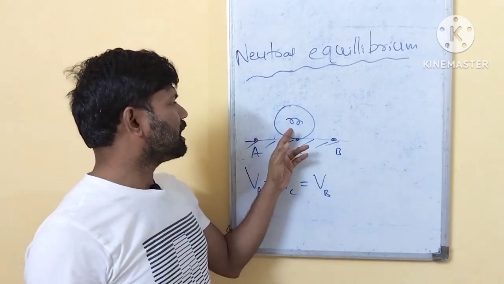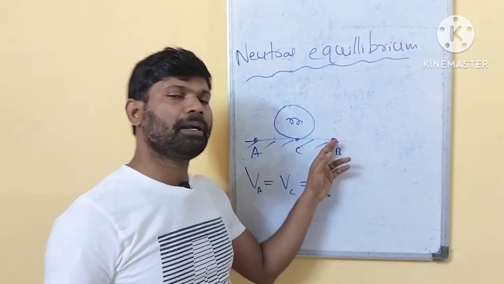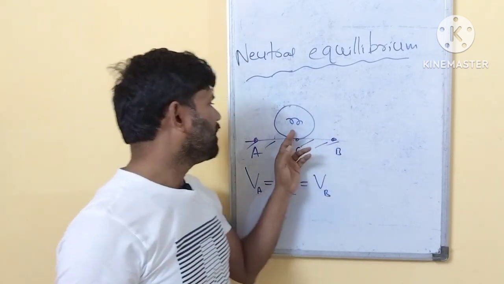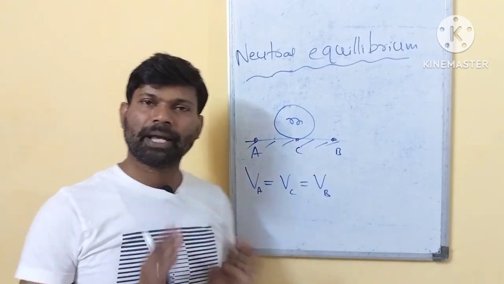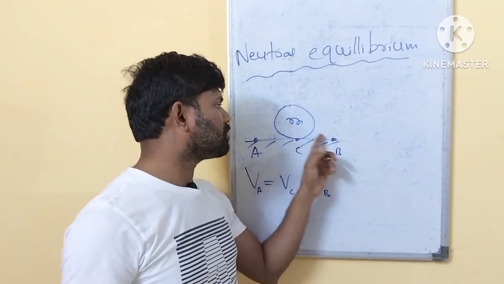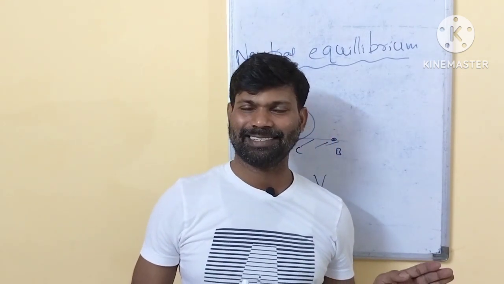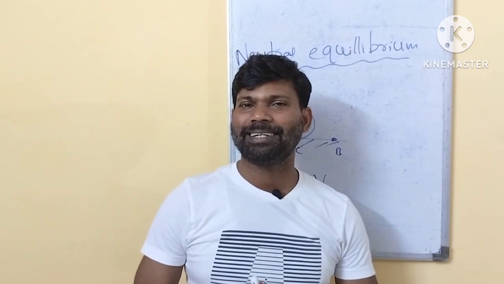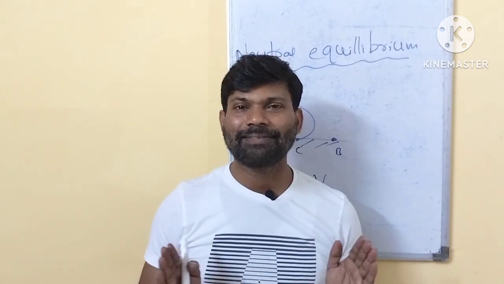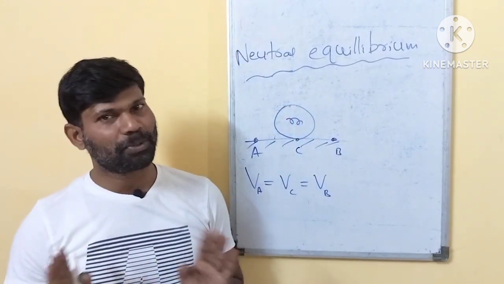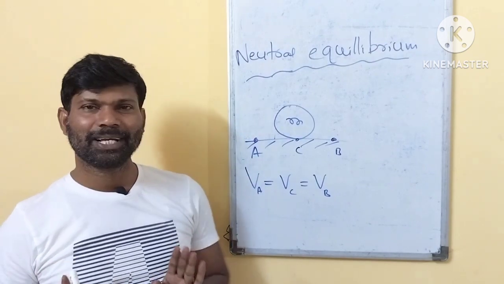If you just keep this object here, it remains there. If you keep this object here, it remains there. If you disturb it like this, it may go somewhere and it will stay there only. It will not come back. This is called neutral equilibrium. I hope you understood. Okay.